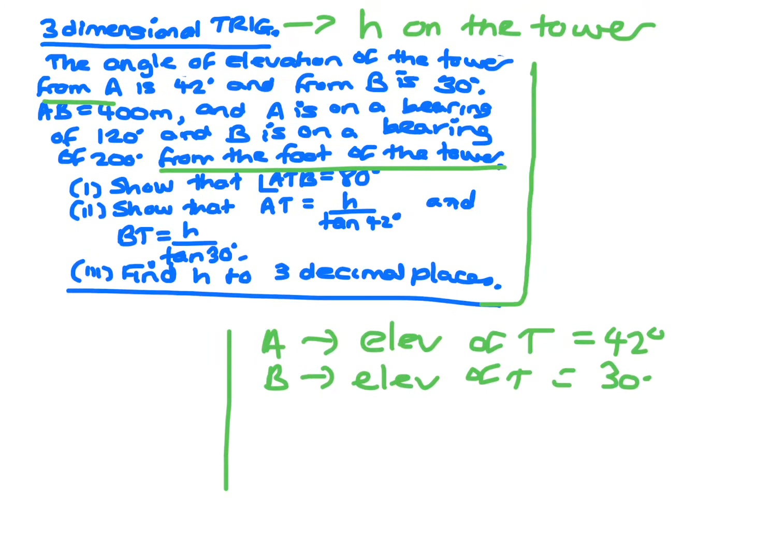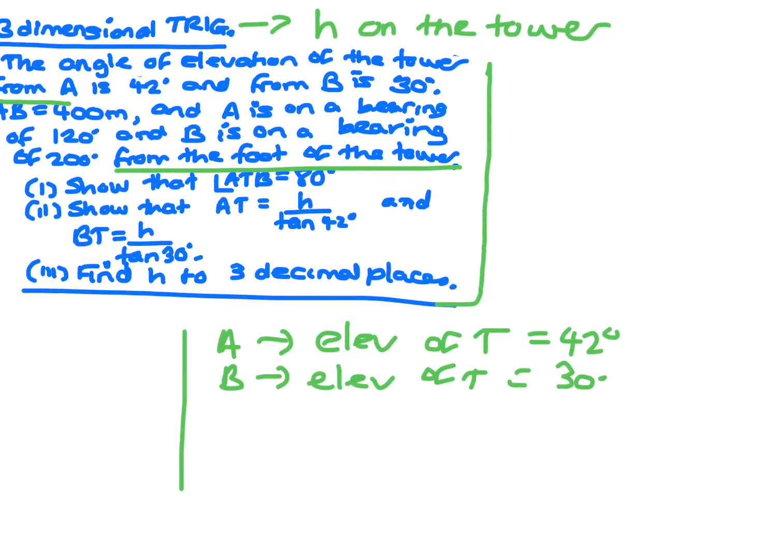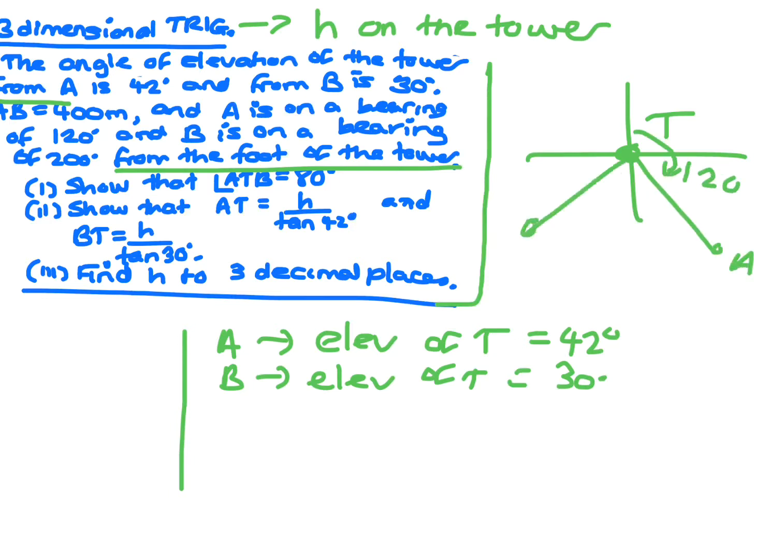So if we were looking at this, we're looking at it as a bearing. If that was the foot of the tower, we'll call that T, or the bottom of the tower, the bearing of A is 120 and the bearing of B is going to be 200 degrees.